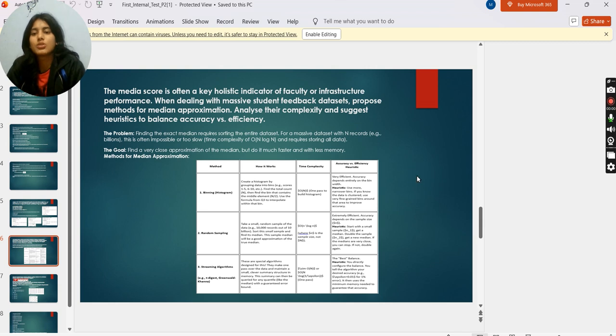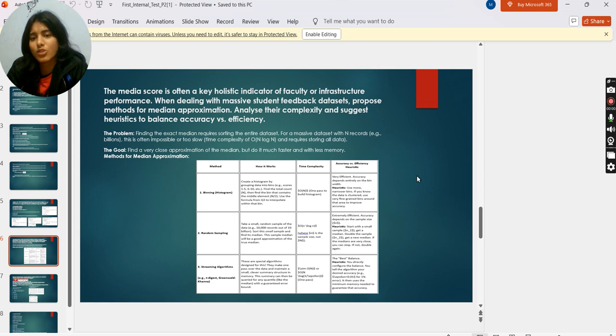Now we have the median score, which is often a key holistic indicator of faculty or infrastructure performance when dealing with massive student feedback data sets. Propose methods for median approximation, analyze their complexity, and suggest heuristics to balance accuracy and efficiency. The problem: finding the exact median requires sorting the entire dataset. For a massive dataset with n records, that is billions, this is often impossible or too slow.